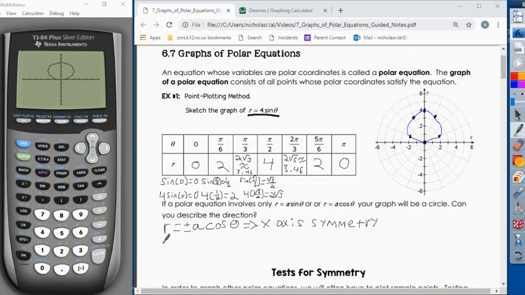Or r is going to be equal to plus or minus a times the sine of theta, which will indicate y-axis symmetry.